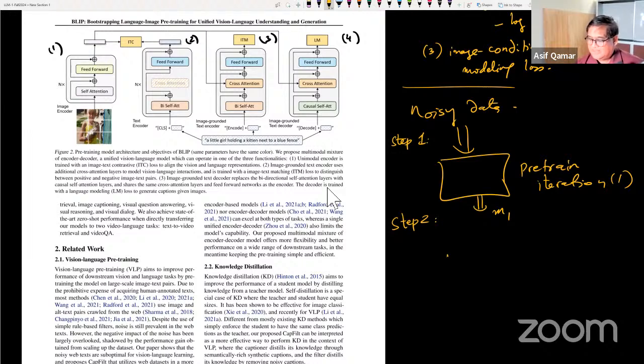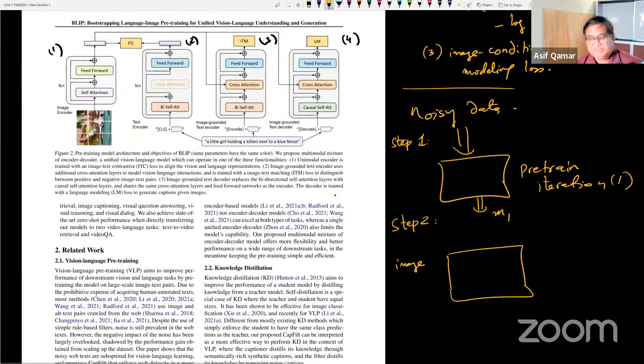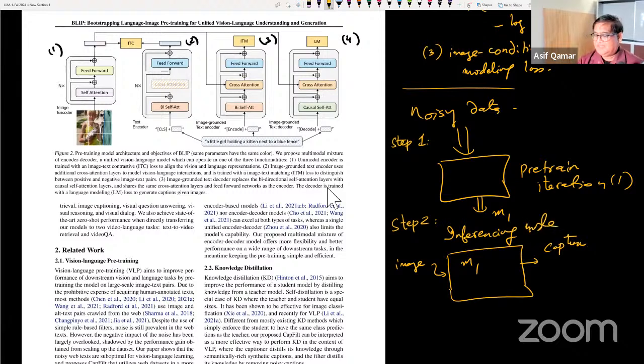Now you can take images, take this data, feed it in, and generate captions. This is the inference phase. You go into inferencing mode, give it an image, and have it produce the caption.